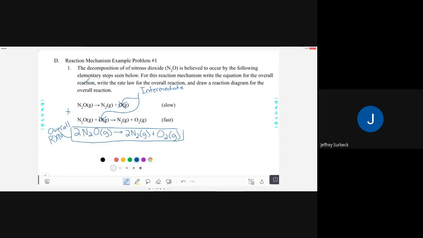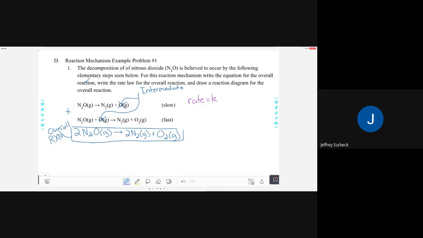Now we get to our rate law. Our rate law is determined by our slowest step. So we can start out and say rate equals k. Which one is our slowest step? Step 1 up top or step 2 down below? Step 1. Yes. Now, if step 1 is the rate determining step, the slowest step, all we need to do with just the slowest step is cross out or blank out our products. We are only looking at our reactants. The only reactant here is N2O.